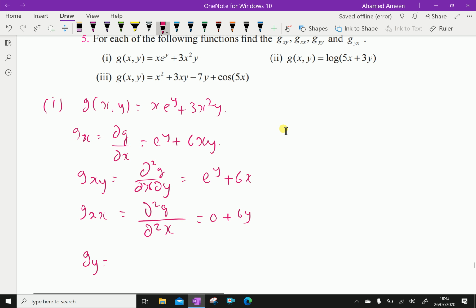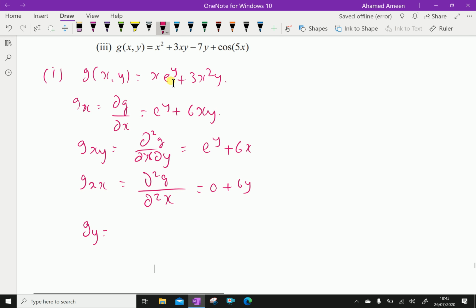With respect to y, x is the constant, so we write x e power y, plus 3x squared y with respect to y, which means 3x square.